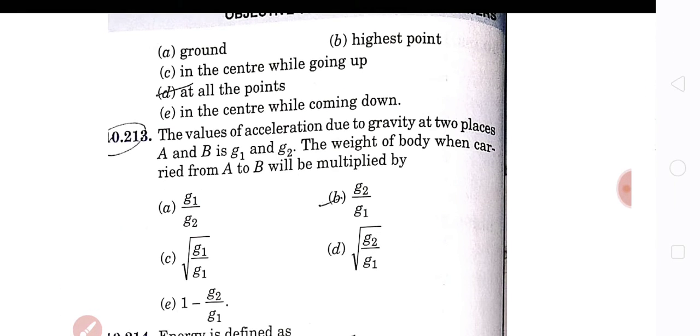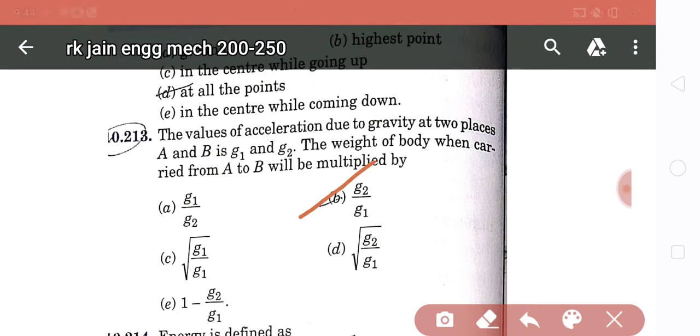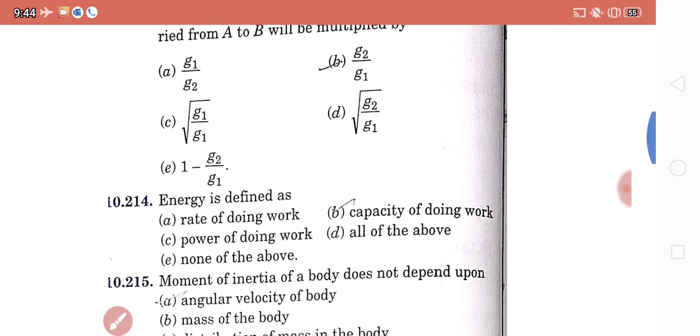The value of acceleration due to gravity at two places A and B is g1 and g2. The weight of body when carried from A to B will be multiplied by g2 by g1. Answer will be B. Next question.